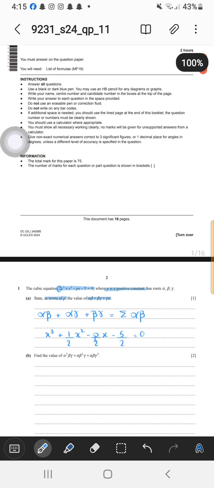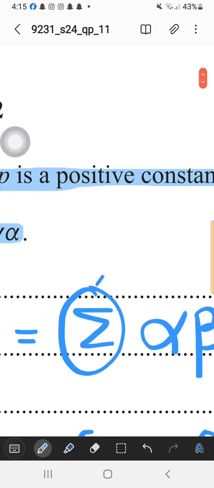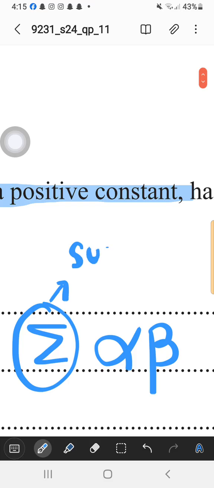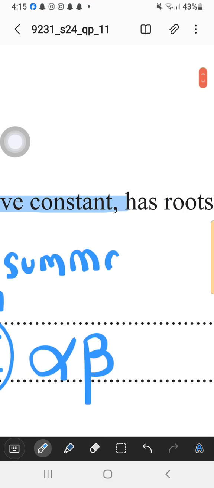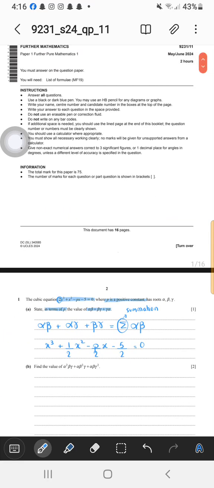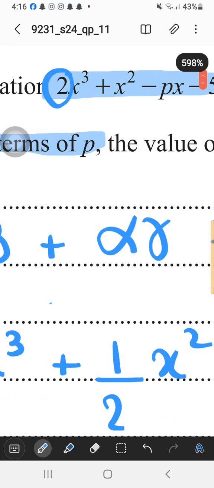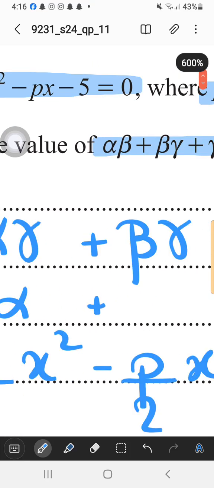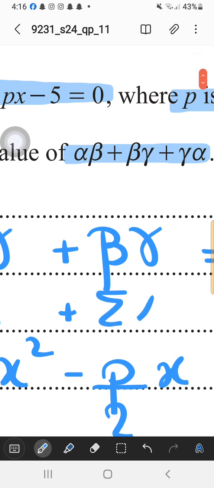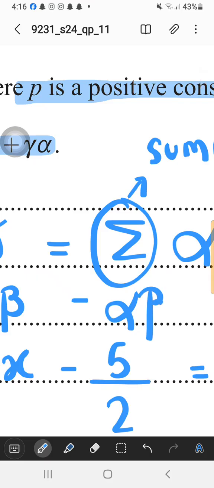Okay, so in this equation, how can we find the summation of alpha beta? This symbol is known as summation. So this is negative summation of alpha, this is positive summation of alpha beta, and this is negative alpha beta gamma.